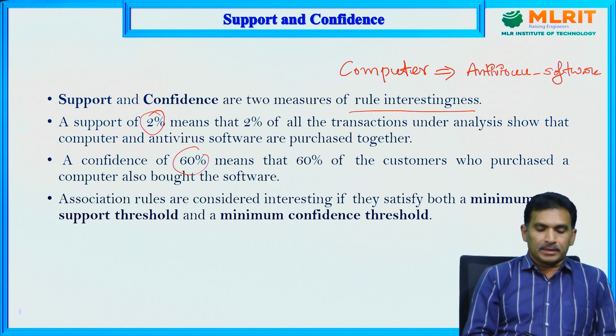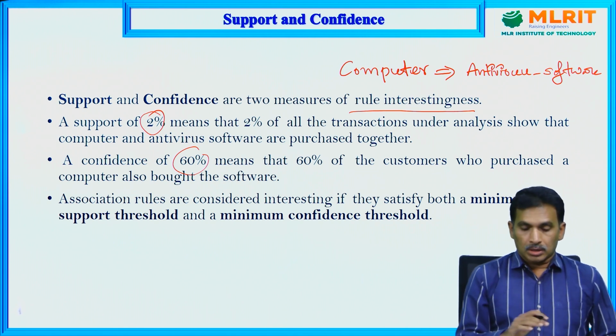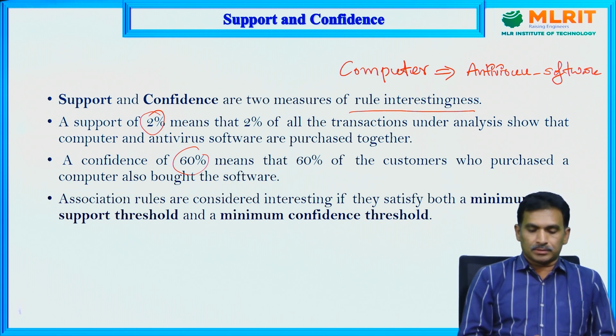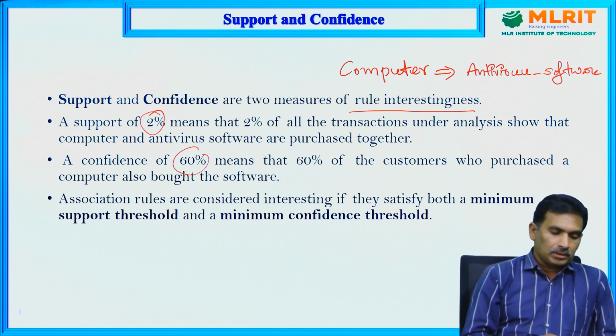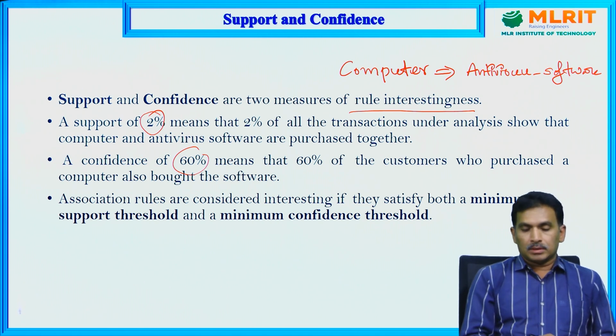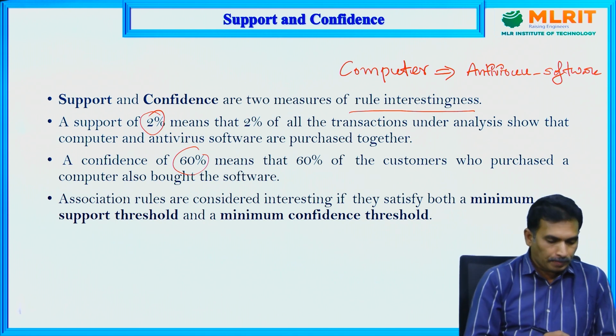It means that 60% of the customers who purchased a computer also purchased antivirus software. So that is the confidence. Based on these two, we measure whether the rule is interesting or not.